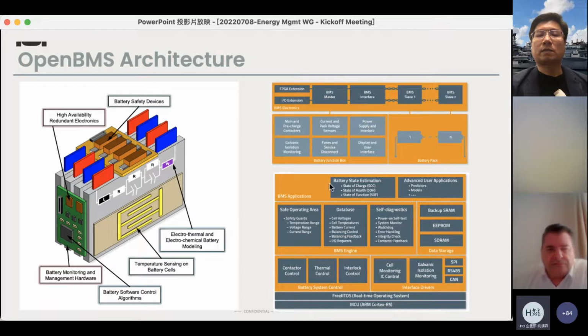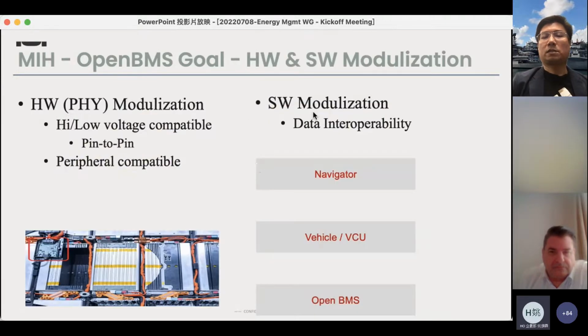And above that, in the application layer, they can provide battery status estimation. By doing that, with open BMS hardware and open software, we can be compatible. Our ultimate target goal is that we can use this modularization design to improve the overall vehicle efficiency.